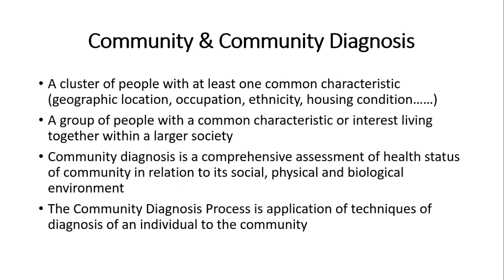So if they are having any one of these characteristics or similar characteristics, then that cluster of people, the group of people, will be known as community. So they are having a common characteristic or an interest of living together within a larger society. So this is what community is.